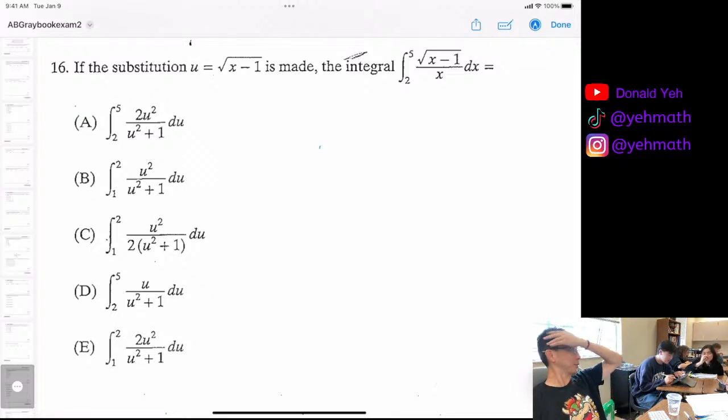Good job. You can do math. Is that negative 5? Wait, no, positive. Oh, it's 5. 2 to 5.